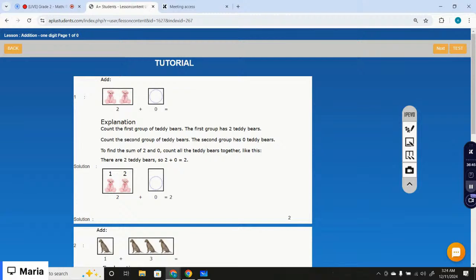So 2 plus 0 is 2. Whatever number you are adding, it is always the same number, right? So 2 plus 0 is 2.